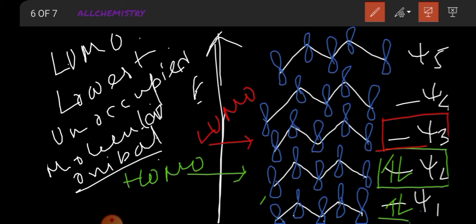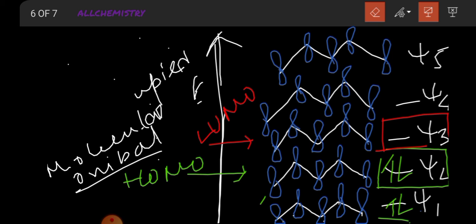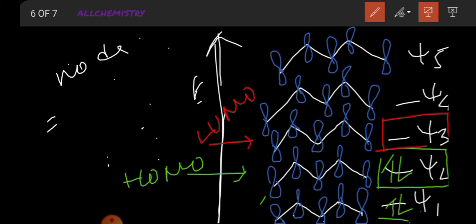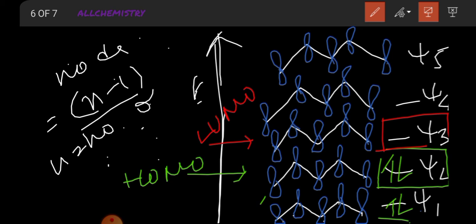Okay, now this is a complex one. Filling of orbital means, where is the node? Node will be the number of energy level minus 1, n minus 1, n equal to number of energy level.